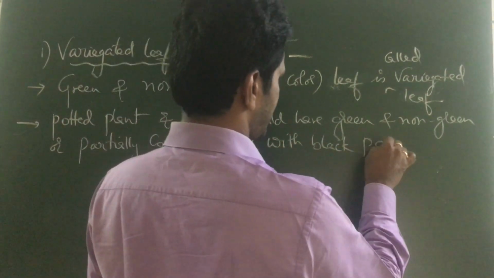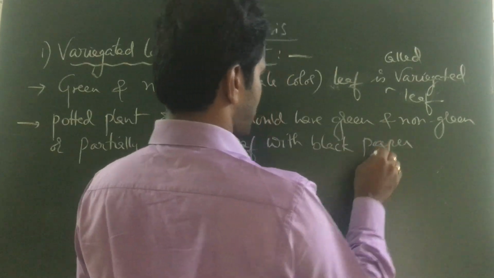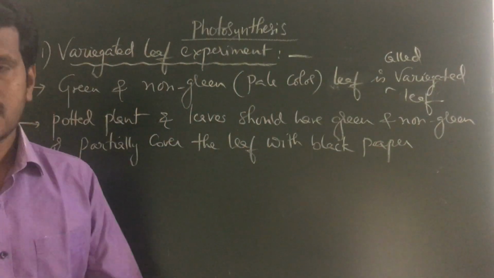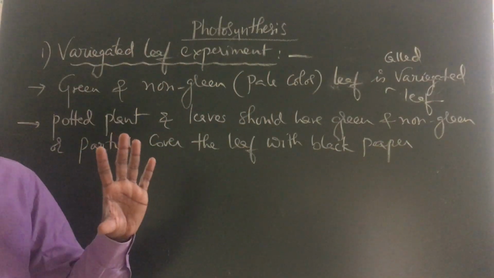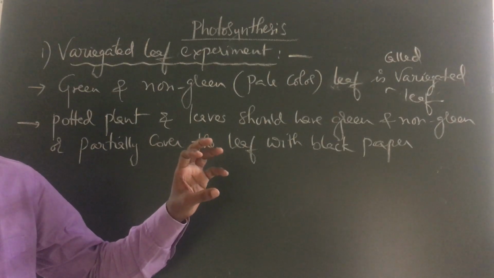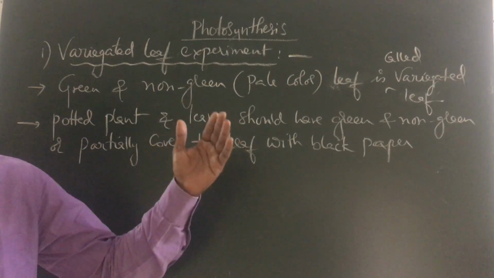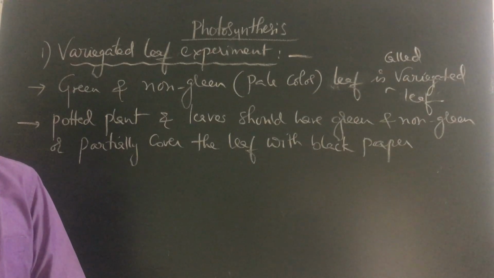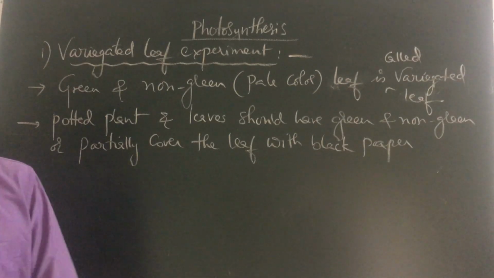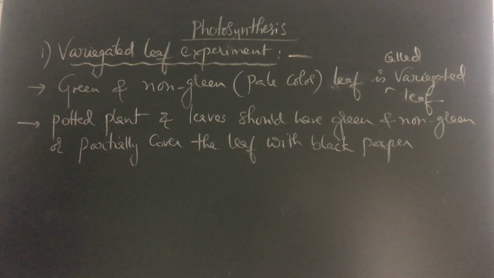So what is the meaning of this? If the leaf is completely green in color, then you cover half of the leaf with the black paper. Then you can clearly understand that the light cannot penetrate through it.